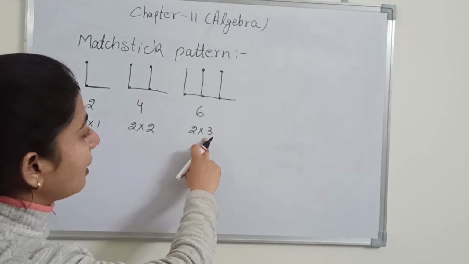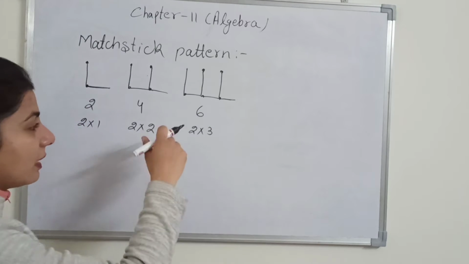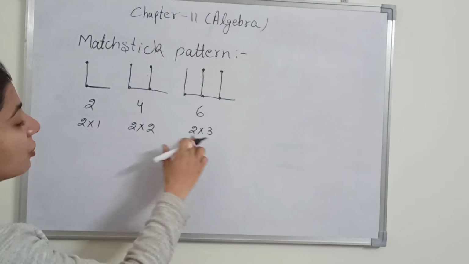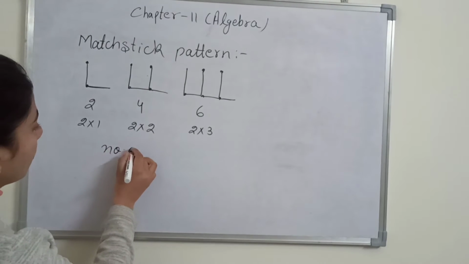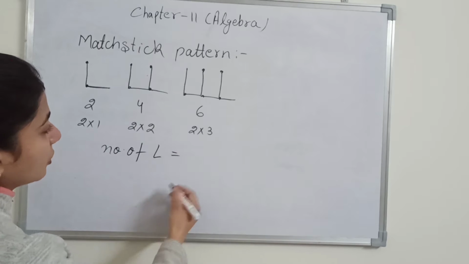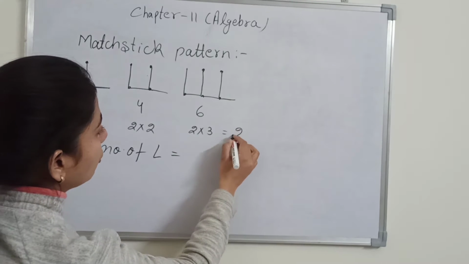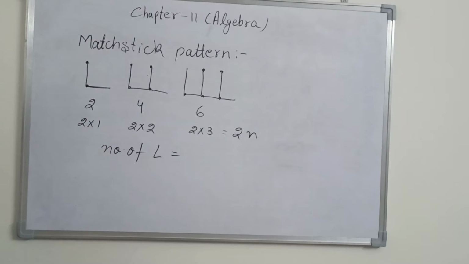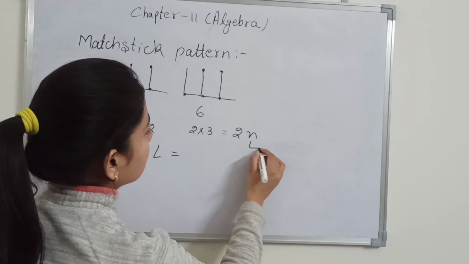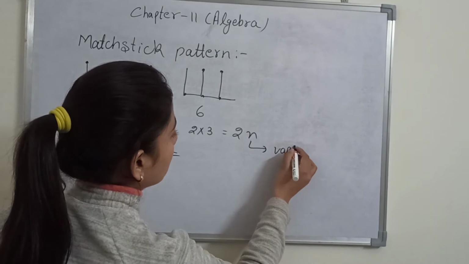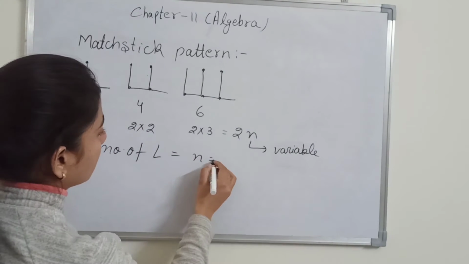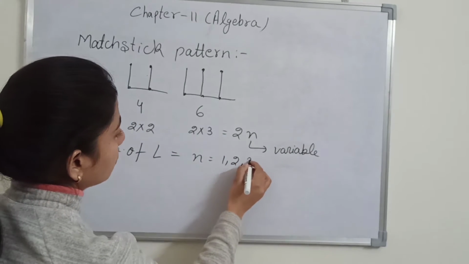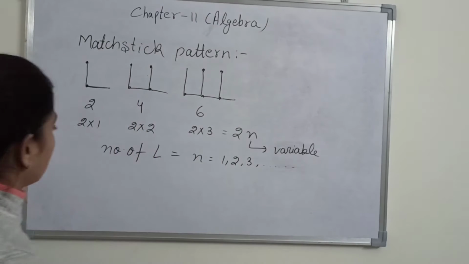For forming 3L's? 6. So 1, 2, 3 here is the number of L. So I can write it like that: 2n, where n is a variable and its value is 1, 2, 3 and so on.